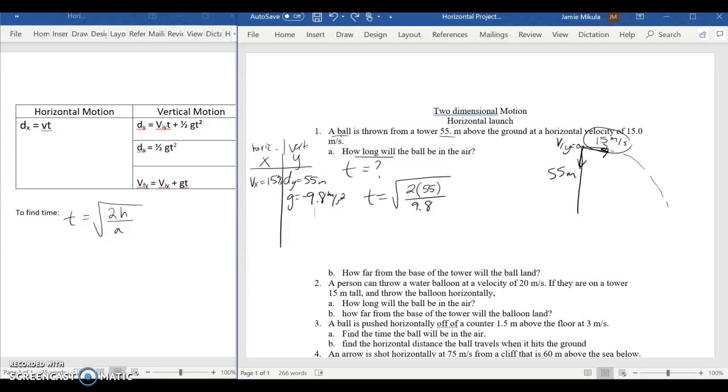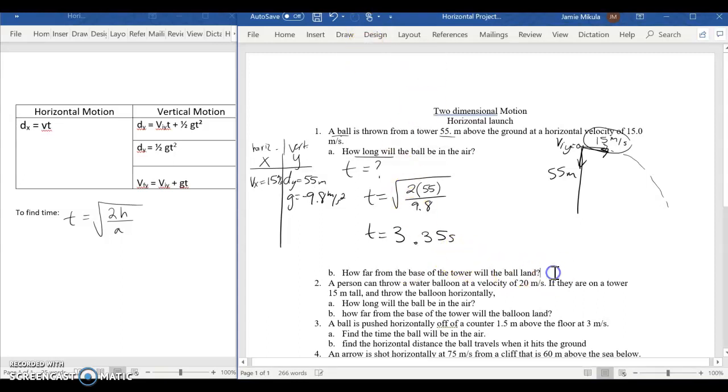You could, because everything's going down, make the 55 negative and the 9.8 negative, and that will make it positive. But I'm just going to remove the negative for the purposes of ease. So 2 times 55 is 110 divided by 9.8 is 11.2244, and so on. I'm going to take the square root of that number to get t equals 3.35 seconds.